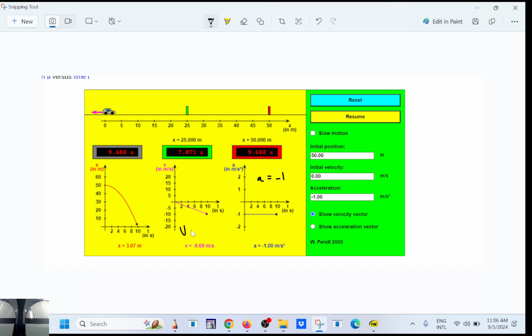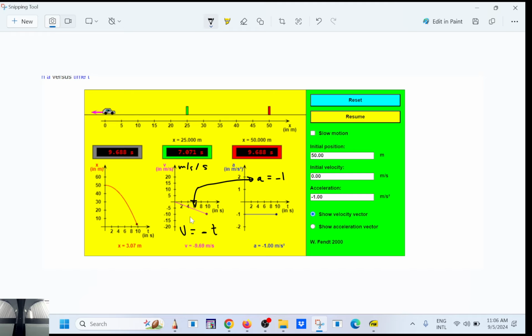The velocity here, y-intercept is 0. What's the slope? -1 times t, so minus t, exactly. Okay? Remember, you look at the unit. Rise is in meter per second, run is in second.